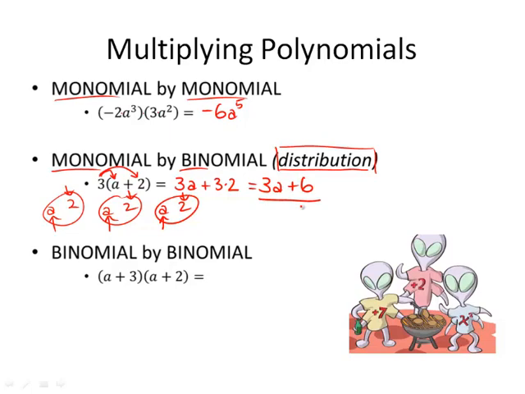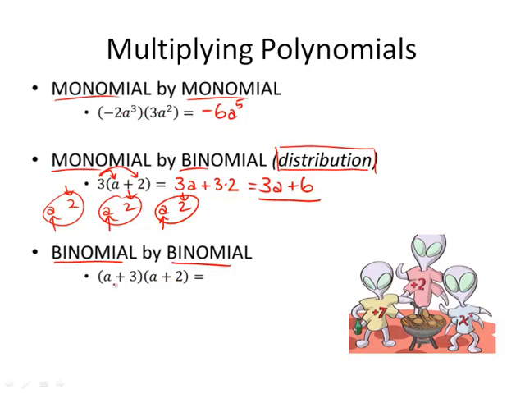Now we can take that same idea of distribution and extend it to multiplying a binomial by a binomial. So in this case, we have a plus 3 times a plus 2. So we take every single term of the first binomial and multiply by every single term in the second binomial.